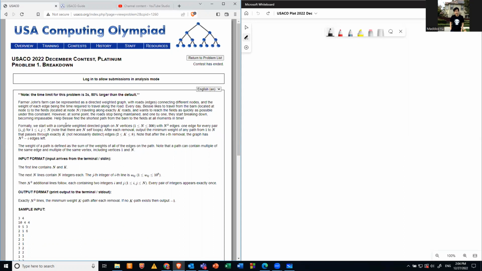So basically you have n squared edges and have weight between i and j. Then you want to find the shortest path from node 1 to node n with exactly k edges.